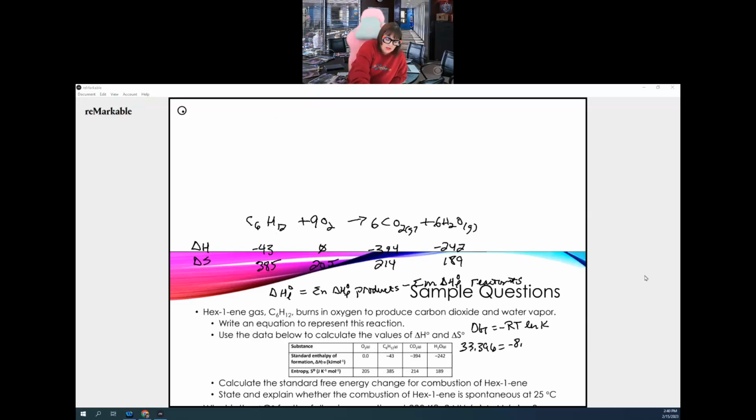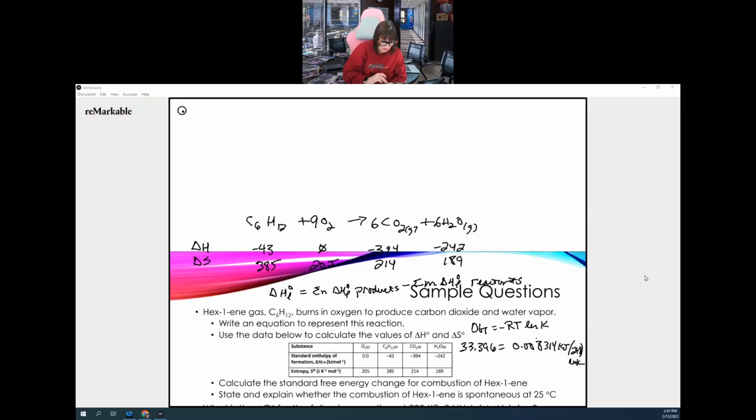That's equal to negative 8.314, and that's in joules, so 0.008314 kilojoules. My temperature at standard conditions is 298. And that's times the natural log of K.